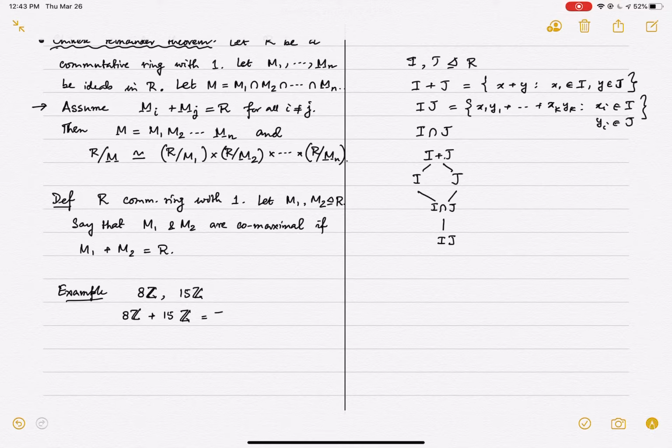That's the whole ring. And why? It's because these two numbers are relatively prime. So you can write 1 as some multiple of 8 plus some multiple of 15.